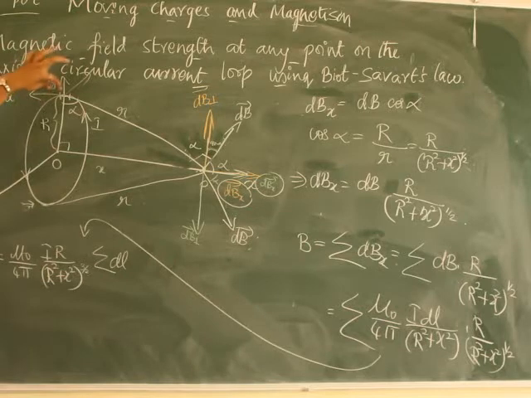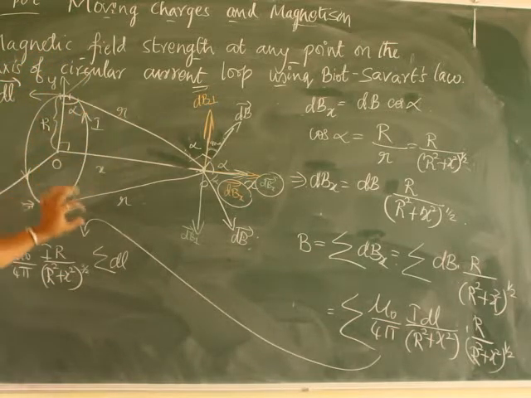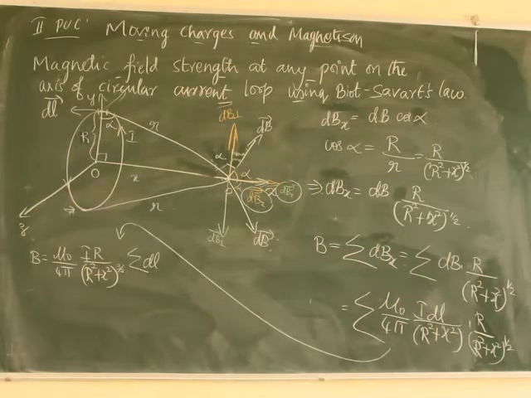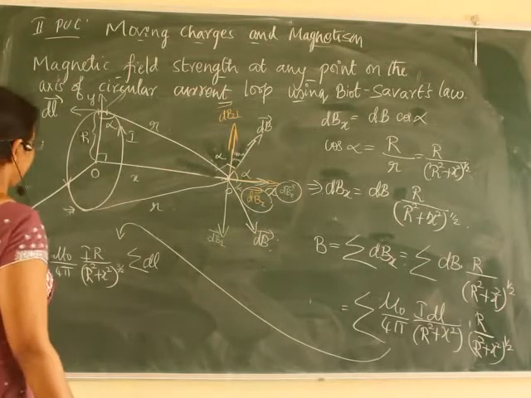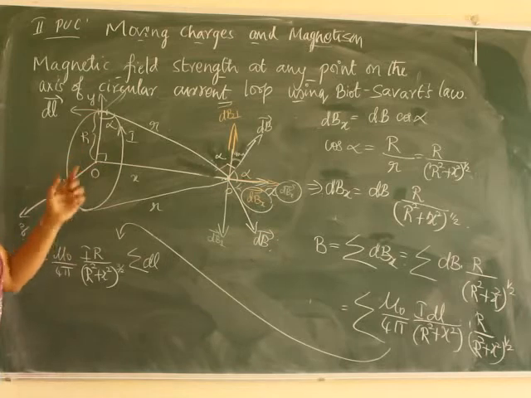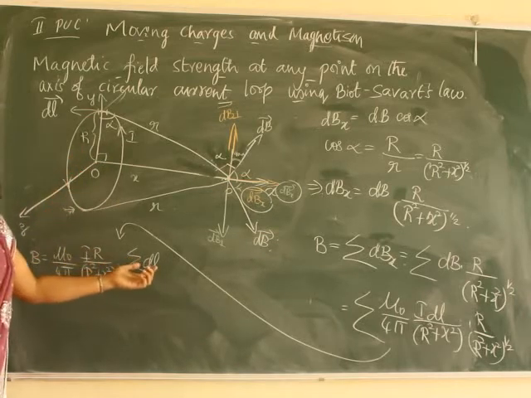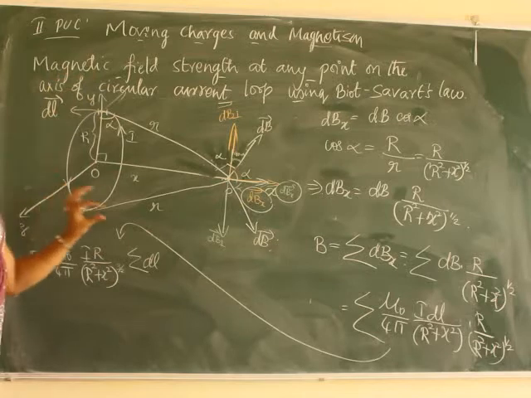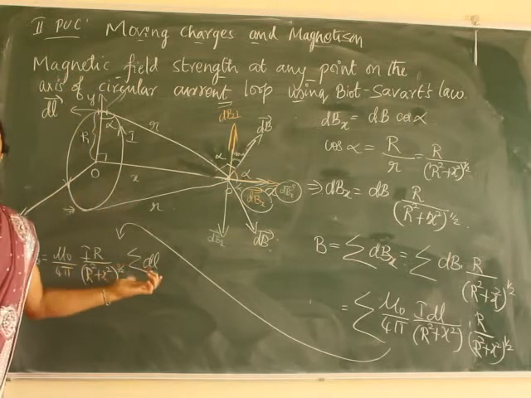This is for one element. Summation dl, for the entire circle, is nothing but the circumference of the circle. Small elements added up will make the entire circle.